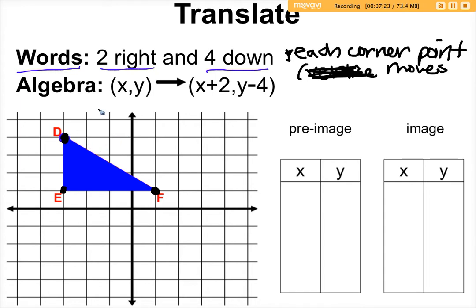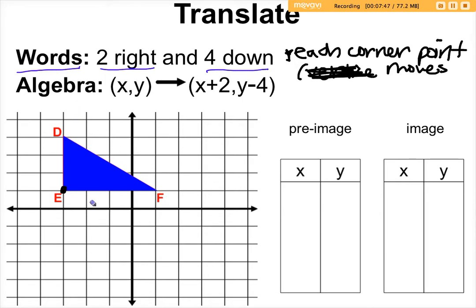So what's going to happen is if I say 2 right and 4 down, D is going to move 2 to the right and then 4 down. Okay, let's take a look and see what that looks like.